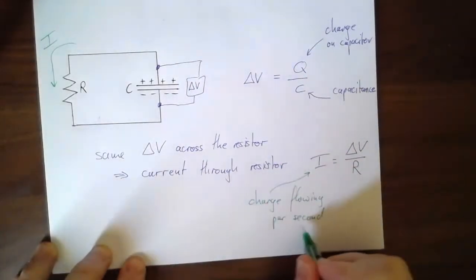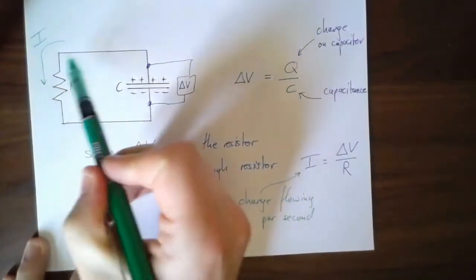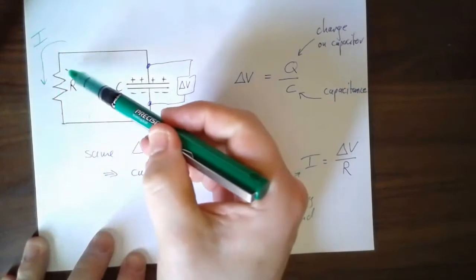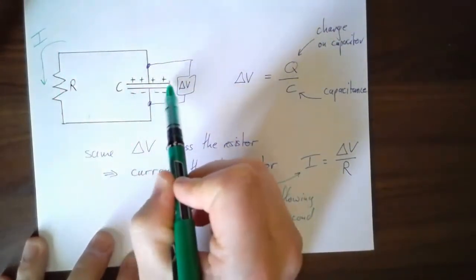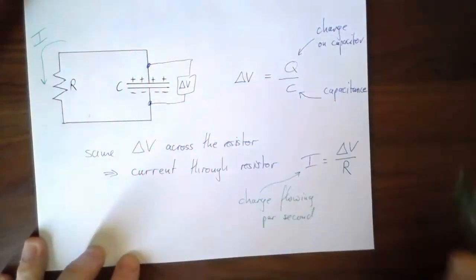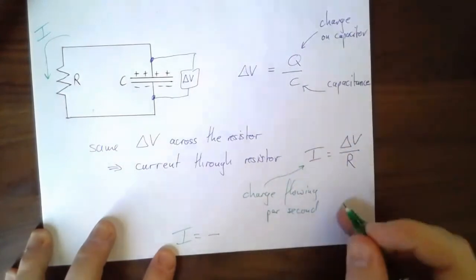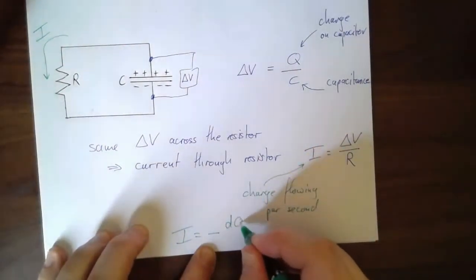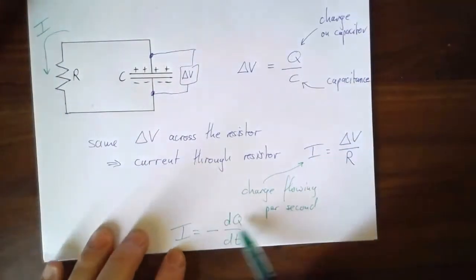So current is charge per second, right? If the current is 1 amp, then it means 1 coulomb per second. So the charge here is decreasing by 1 coulomb per second. So we get I is minus the rate of change of charge. At this point we have to use calculus, because it's a rate of change.